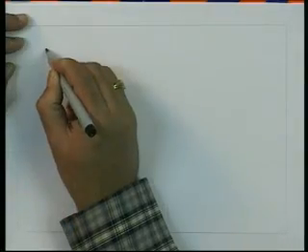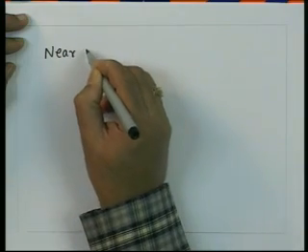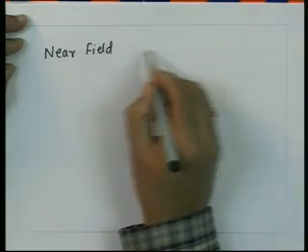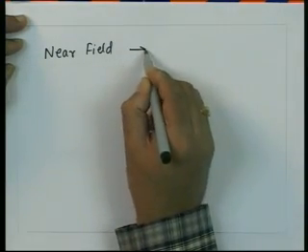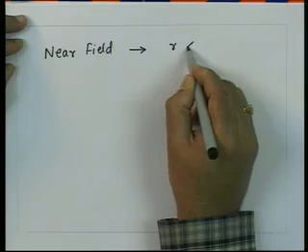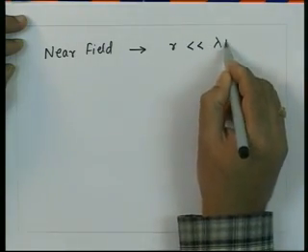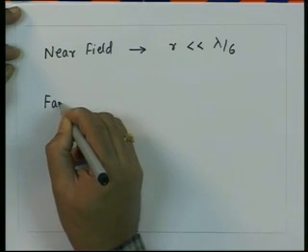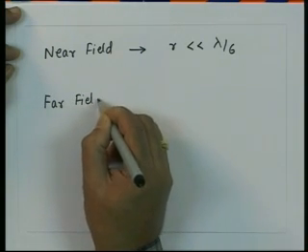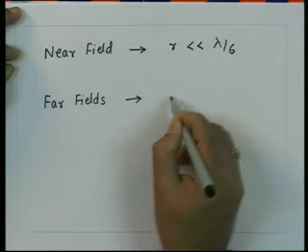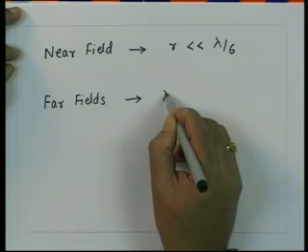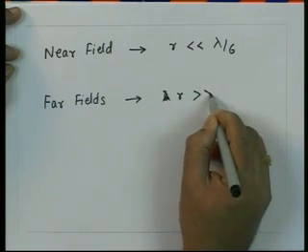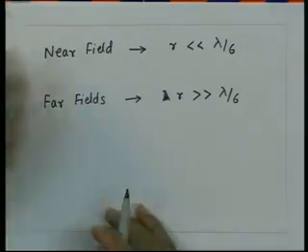So, we say near field, for r much less than lambda by 6, and then we have fields which are called the far fields, which will correspond to r much greater than lambda by 6.